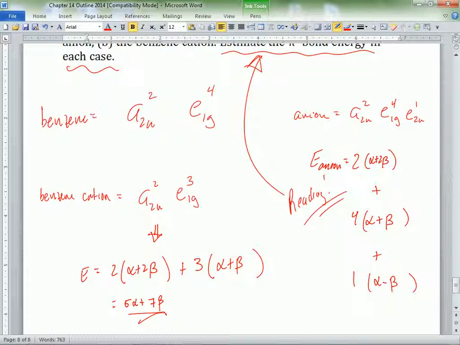I could have just assumed it, because the plus combinations are almost always the bonding, and the minus are the anti-bonding. That's probably what I did. It said the roots are alpha plus beta and alpha minus beta.